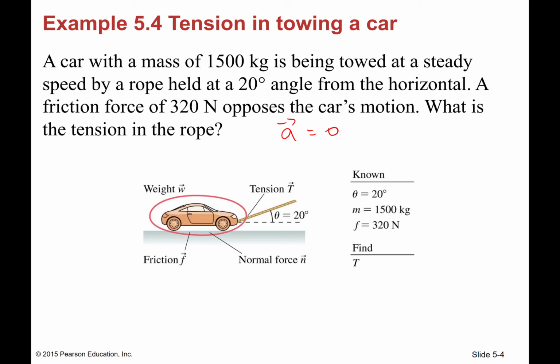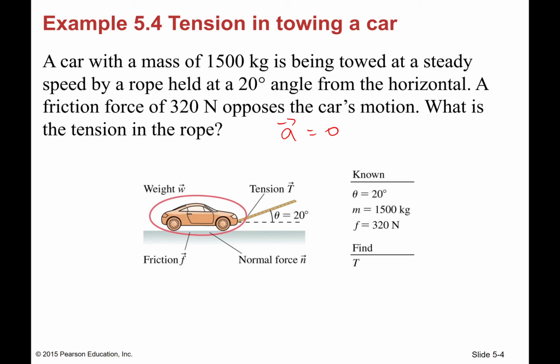We are given this angle of 20 degrees. There is a friction force between the tires and the road, and that is 320 newtons, we are told. Friction opposes the motion. So the question is, what is the tension on this rope?